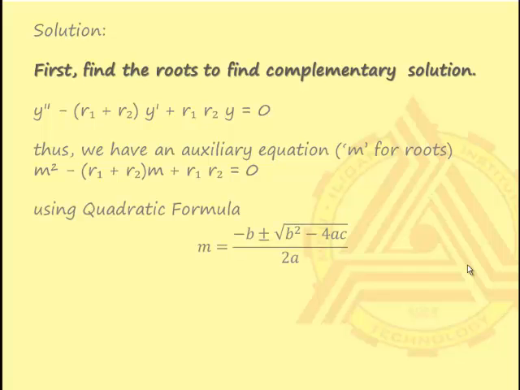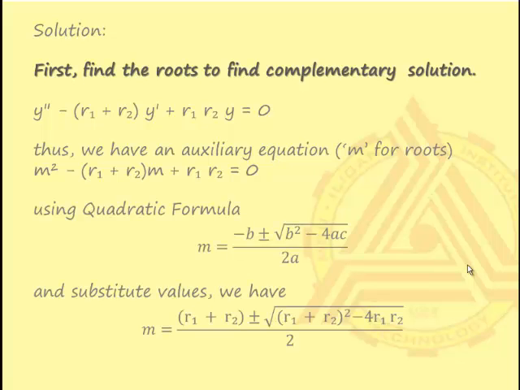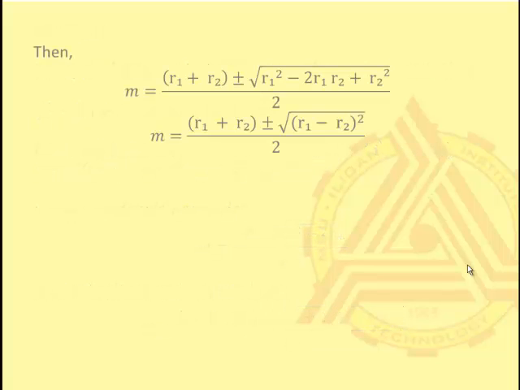Using the quadratic formula and substituting values, we have m equal to that expression. With further simplification and computation, we have the values for m: m1 is equal to R1, m2 is equal to R2.